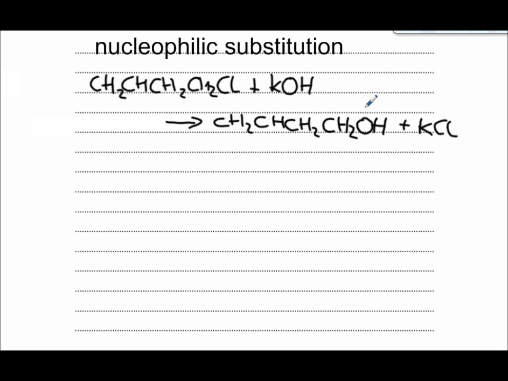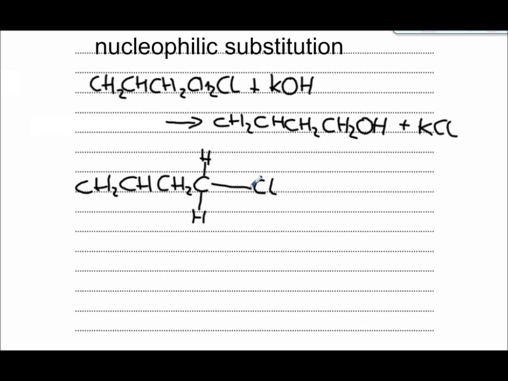So then, to draw the mechanism, again here when I draw the mechanism, I'm not interested in the part of the molecule at this point that has the CC double bond, so I'm still going to draw that in structural formula as CH2CH. Then there's another CH2, and then you have CH and your Cl bond.